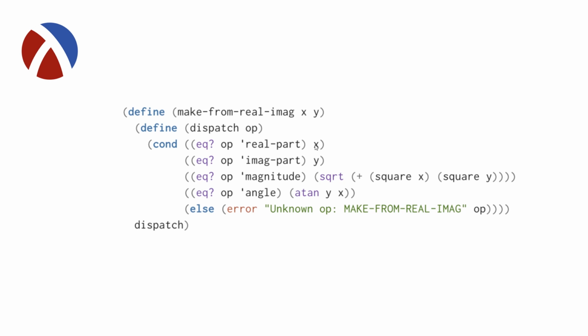So if you pass it real part, it'll return you the real part of your number. So this is the equivalent. The real part and the imaginary part are the equivalent of your selectors. And then the magnitude and angle are the equivalent of your selectors that do the transformations. So this is pretty neat, and it's a little bit hard to recognize, but basically message passing is what Alan Kay introduced when he popularized object-oriented programming.